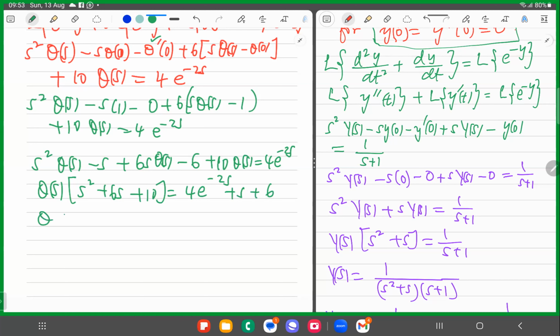So this is theta of s, which is equal to 4e to the minus 2s plus s plus 6, over s squared plus 6s plus 10.